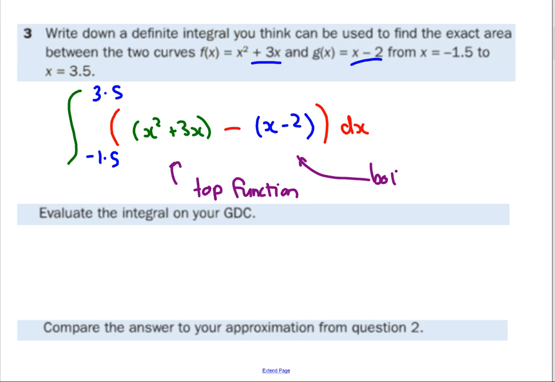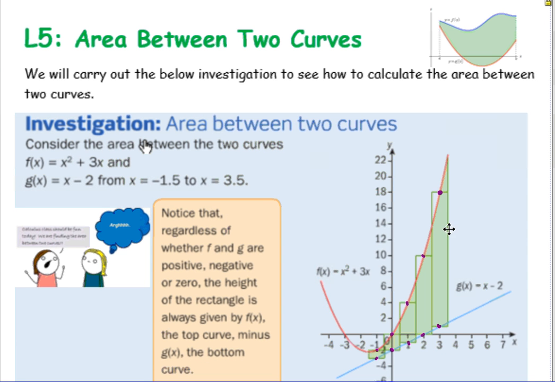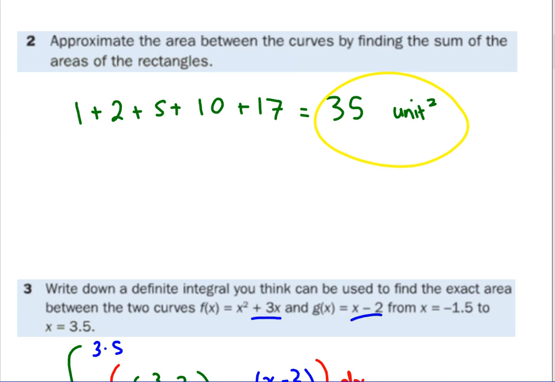This is actually important, because when we do practice problems, identifying which one is the top function, putting it first, and which one is the bottom function, putting it second, is really important. So just to point out in case anyone didn't get it, the top function is the parabola because it's up higher. The bottom function is the linear.